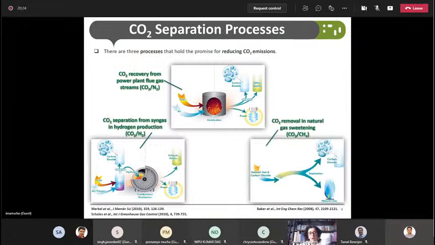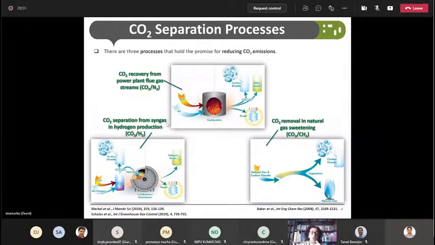Okay. So in terms of reducing CO2 emissions, as I was mentioning before, there are 3 points where we can decrease CO2 emissions. One of them is post-combustion, in the flue gas from power plant streams, and the separation involved is CO2/N2.